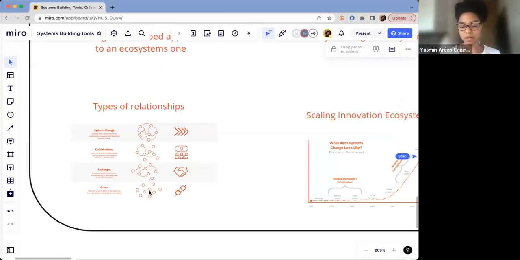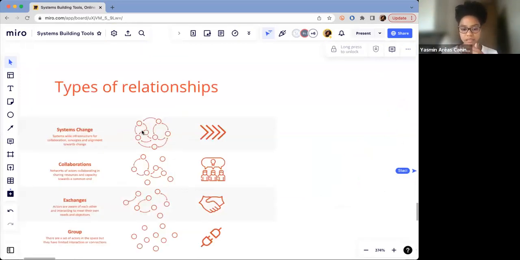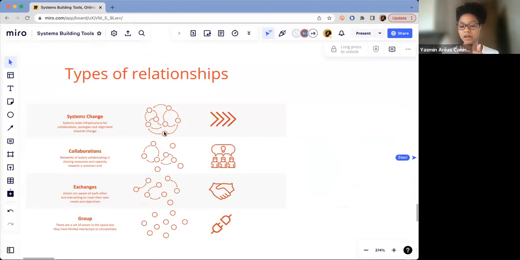This is one of the simplest types of structures in an organization. And then we went all the way to systems change, where these relationships are very tight and connected, and the elements here are aligned to this bigger purpose of, in a way, identifying a common challenge and working together synergistically to address this complex issue that we identify.